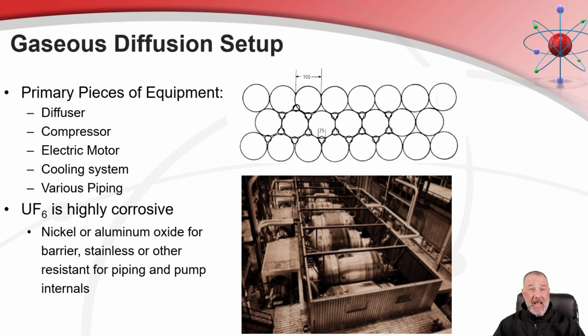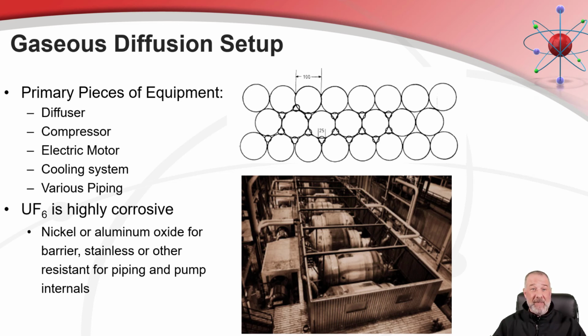You've got to have something to move that UF6 gas through the system. You need to be able to heat your UF6 up to the temperature where it becomes a gas, so you need piping, heaters, and pumps, because you have to generate two different pressure areas within your diffusion chamber so that the migration through your barrier happens in the first place.